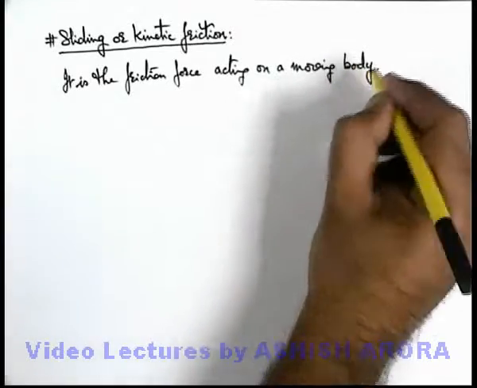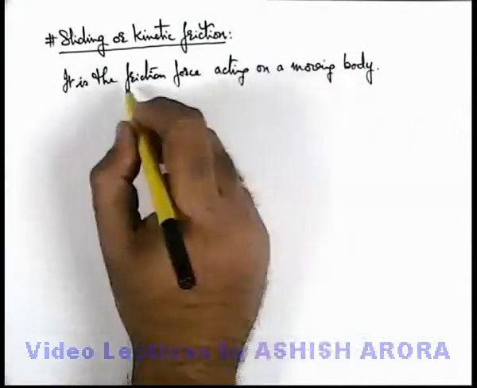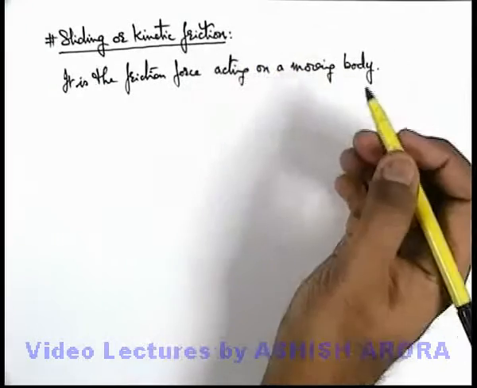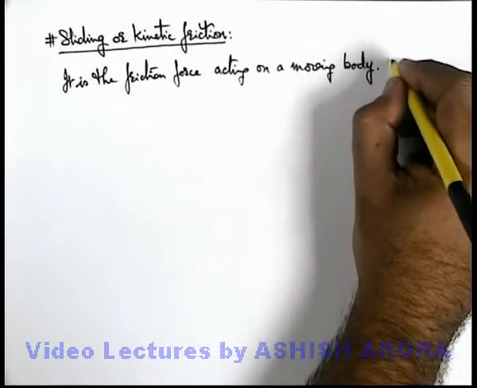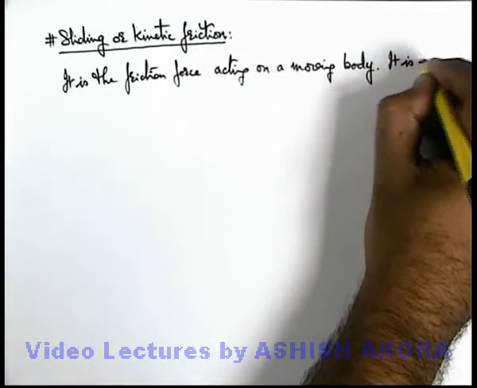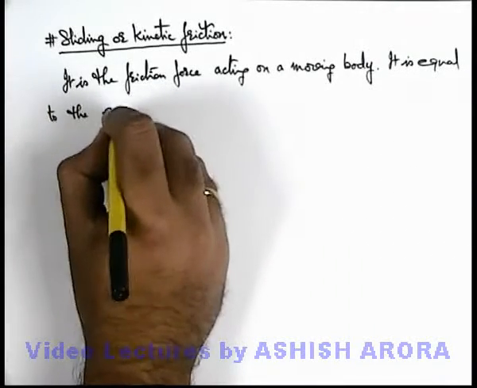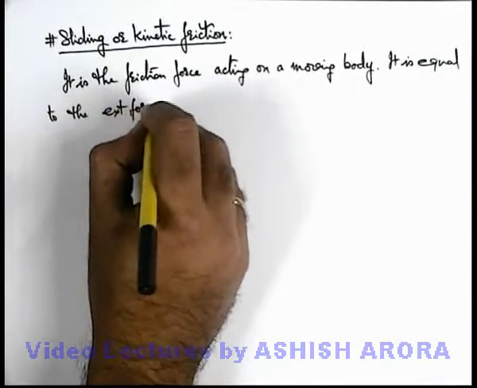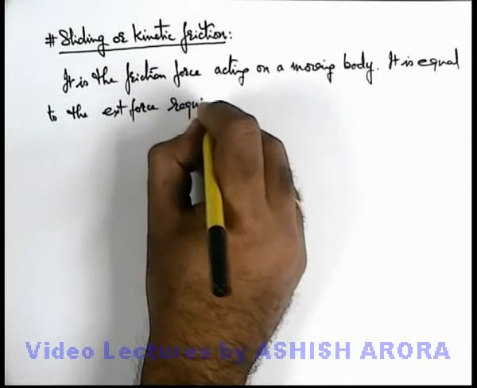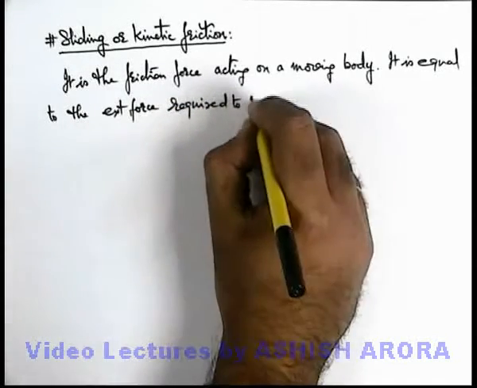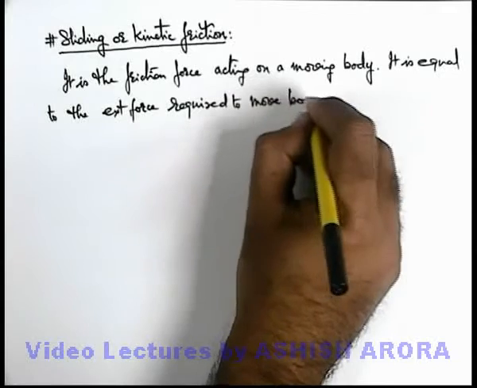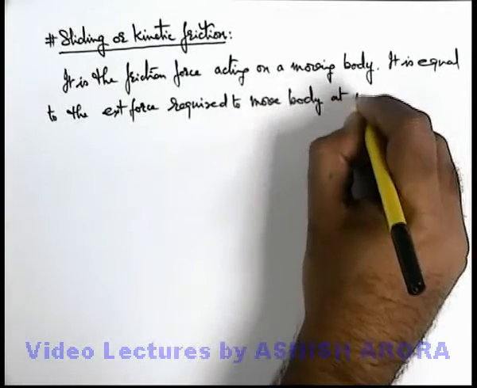When a body is moving on a rough surface, the friction force acting on it is called kinetic friction. And we can also write that it is equal to the external force required to move a body at uniform speed.